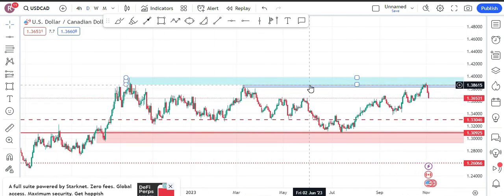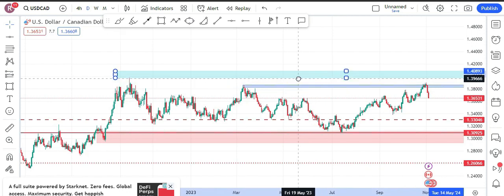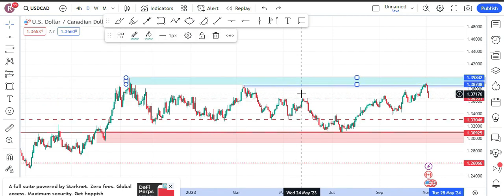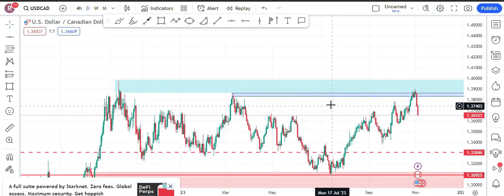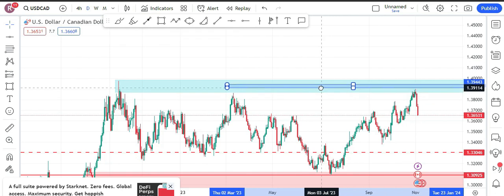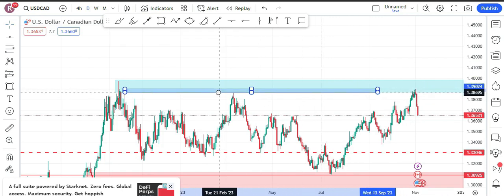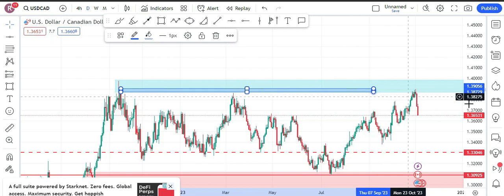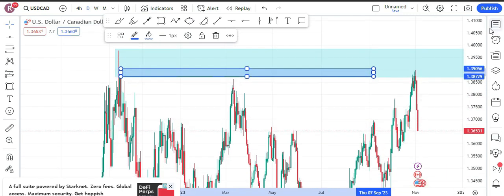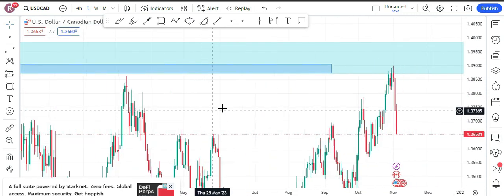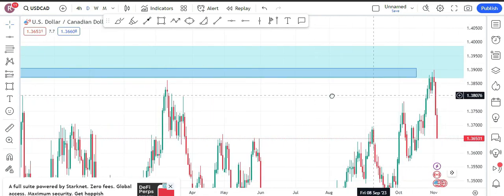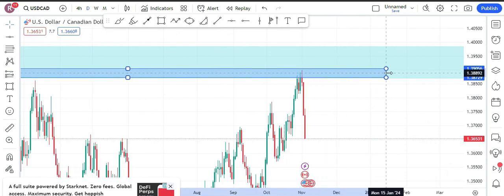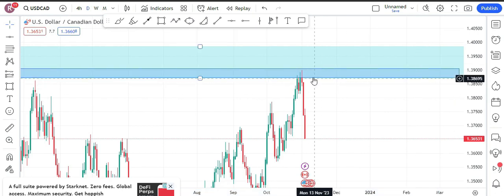And after the last week, it has shifted a little bit up to this kind of level. Yes, we have a weekly double top and a daily double top at the same time.